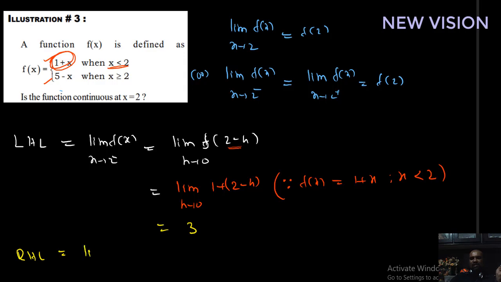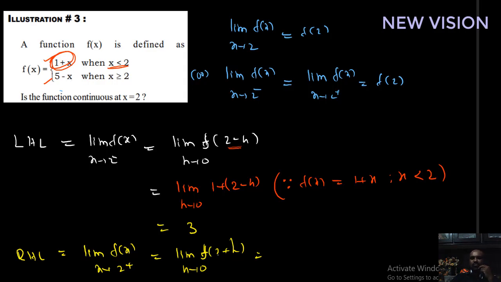Next, I want to find RHL. That is the limiting value of f of x as x tends to 2 plus, which is the same as the limiting value of f of 2 plus h where h tends to 0. Now instead of x I want 2 plus h, which rule? The 1 plus x rule or the 5 minus x rule, that should be identified first.